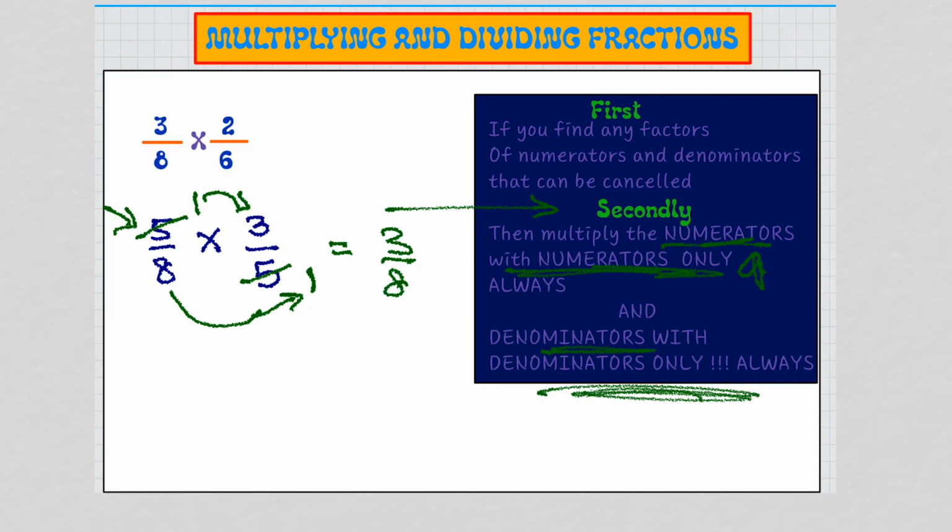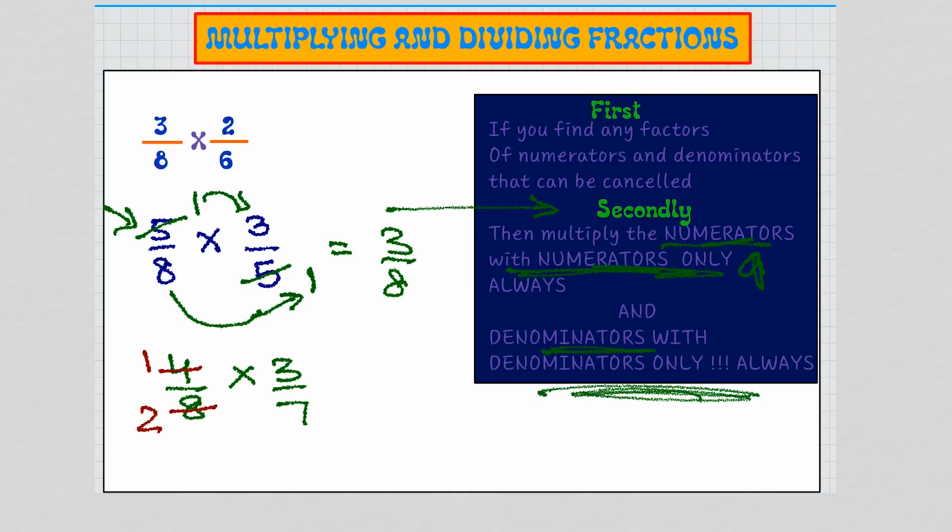Let's look at another one. If you have 4 over 8 times 3 over 7, in this one you can divide: 4 divided by 4 is 1, and 8 divided by 4 is 2.